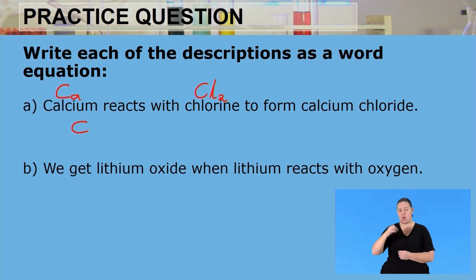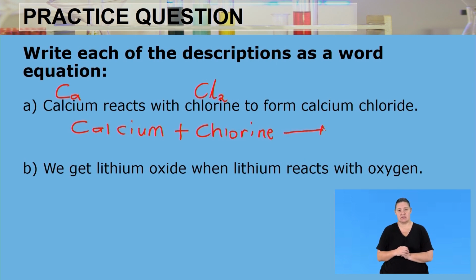So this is going to be calcium as one of our reactants. Remember, we're separating the reactants with a plus sign. So calcium plus chlorine. Remember, reacting to form is an arrow, reacts to form calcium chloride.